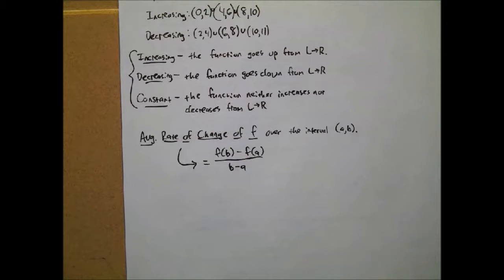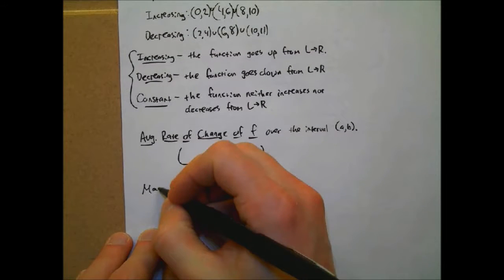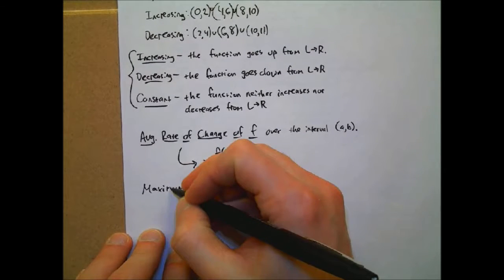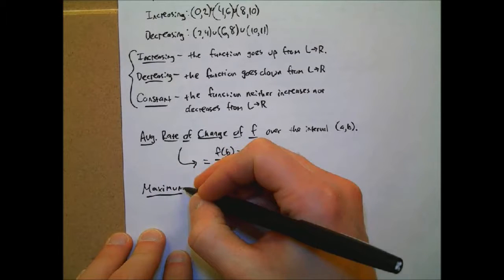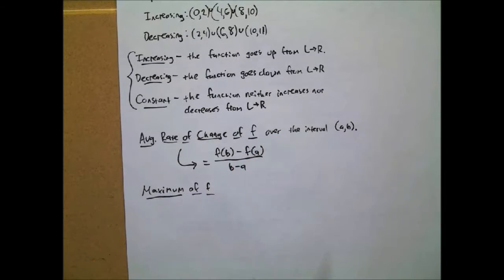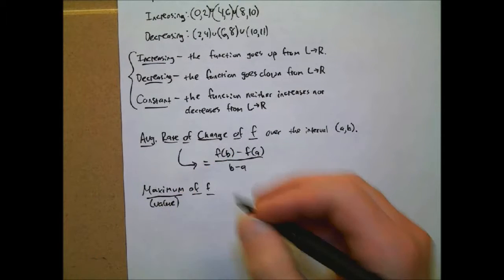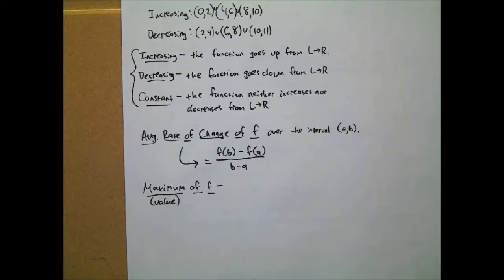And let's go ahead and then finish off the rest of our vocabulary here. So a maximum value of f. What did we look for in our function to find the maximum value here for the warm-up?